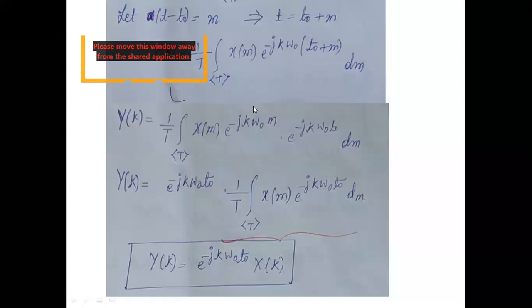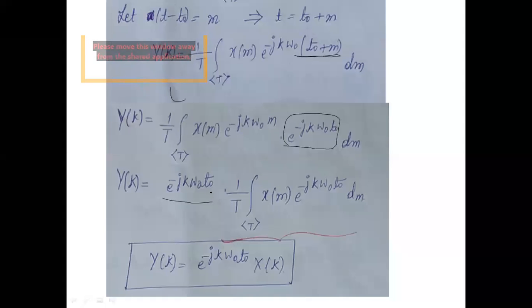After substituting, let me remove this bracket. If you remove this bracket, you will get two exponential terms. One is e raised to minus j k omega naught into t naught, and the other term is e raised to minus j k omega naught into m. Now this term e raised to minus j k omega naught into t naught is not related to m, so we'll take that outside.